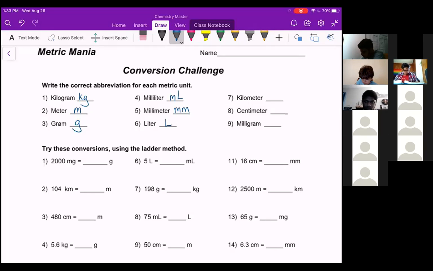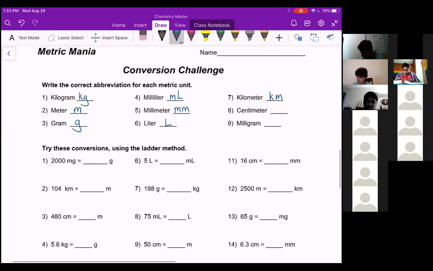Cameron, how about kilometer? KM. KM, very nice. K for kilo, M for meter.